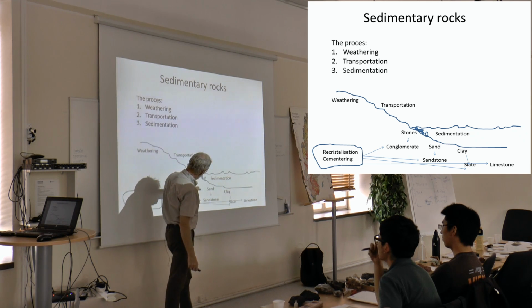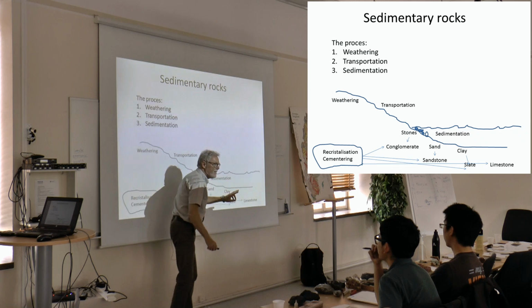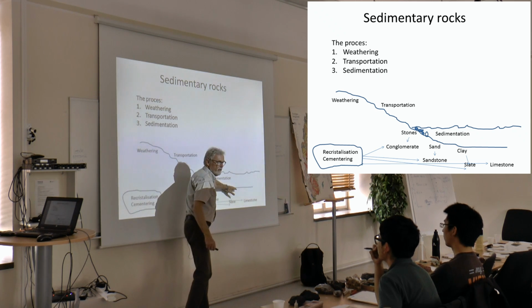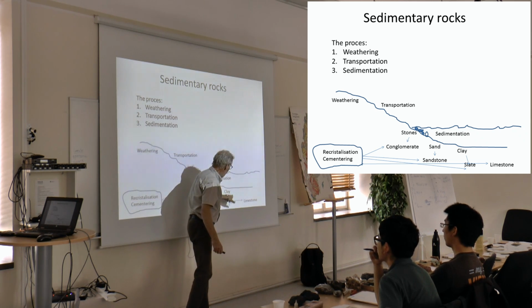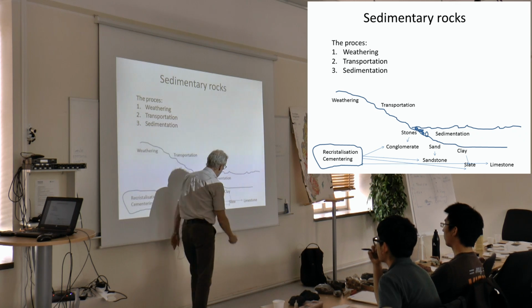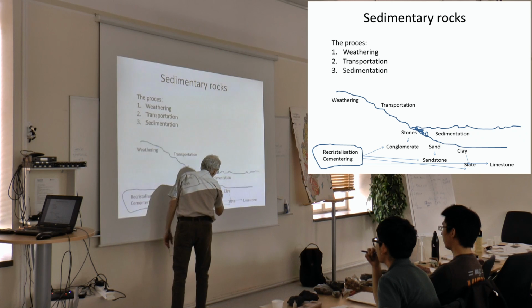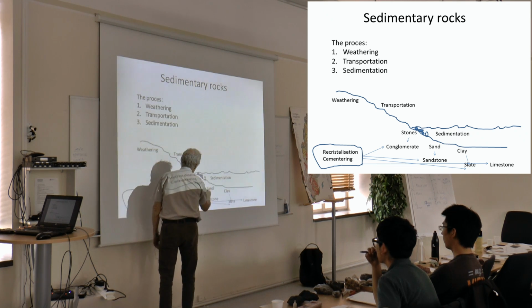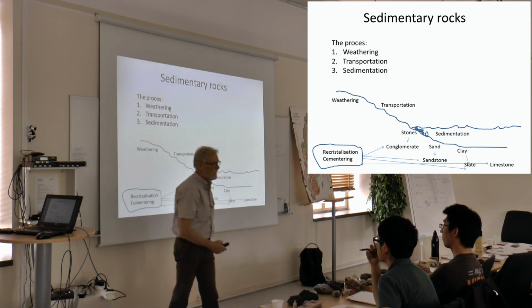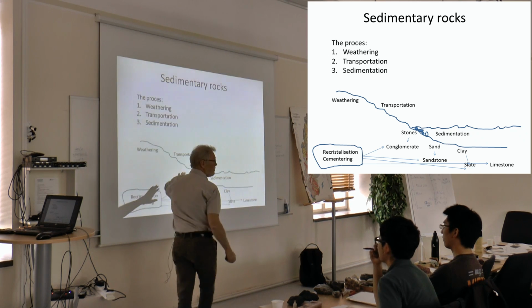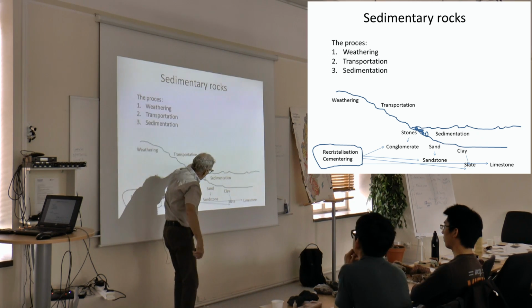So here's stones, sand and clay. So the deeper the water, the more clay there will be. So here we will have some slate, here we will have some sandstone, and here we will have some conglomerates in this area. So there will be a separation of the material.